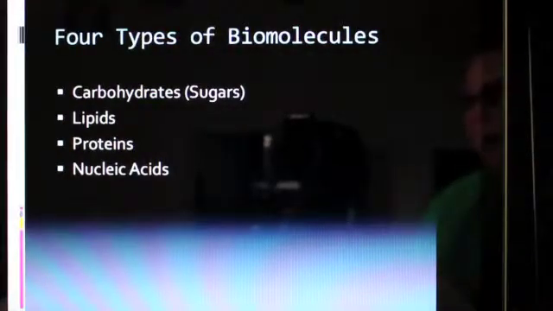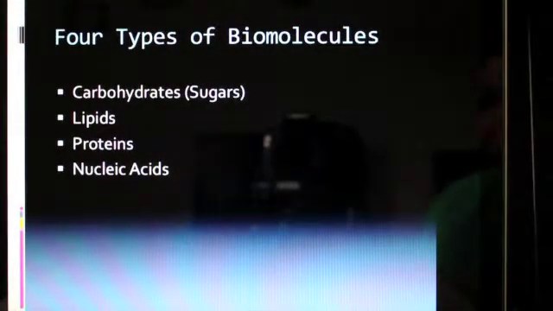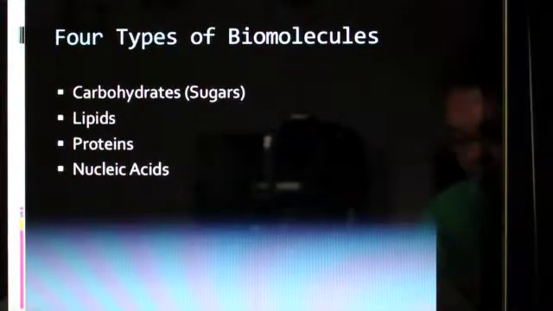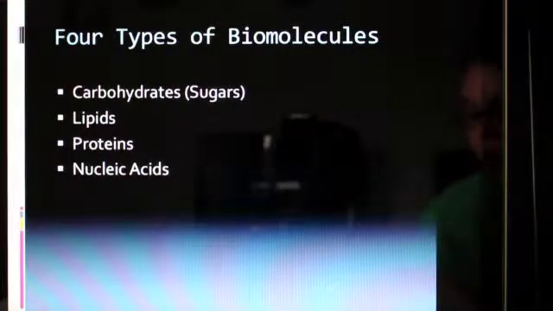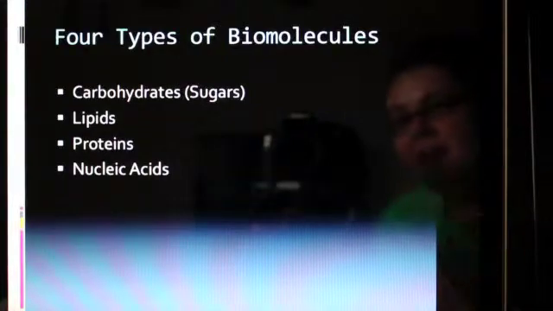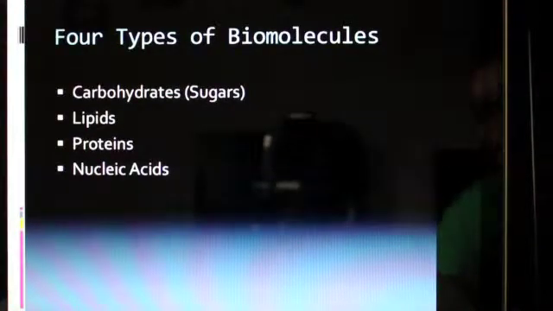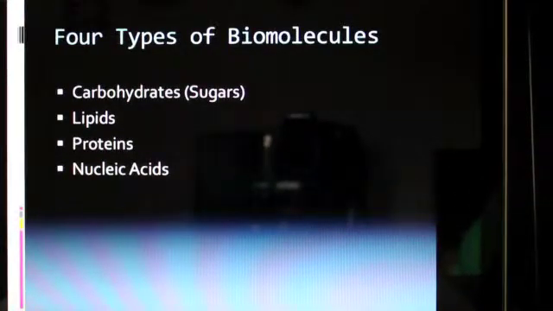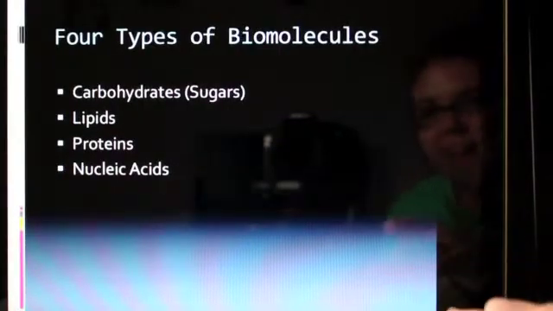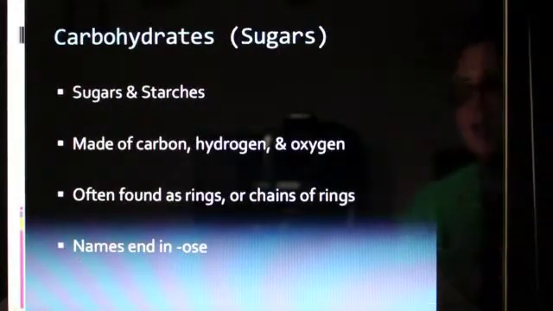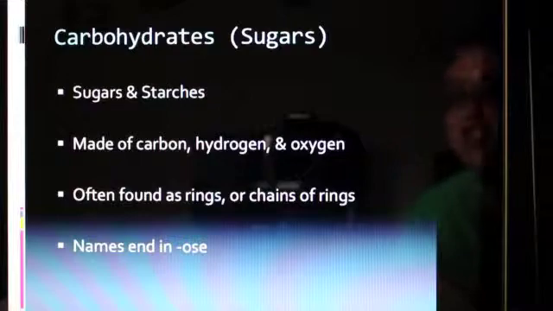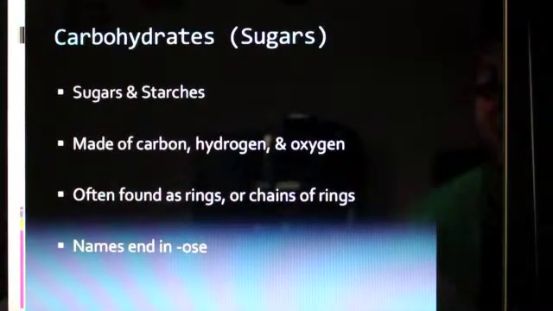Now there are four big types of biomolecules, and these are the ones that we're going to talk about in class. These are what all life is made out of. And these are the carbohydrates, or the sugars, the lipids, the proteins, and the nucleic acids. We'll start first with the carbohydrates, or sugars, or carbs.